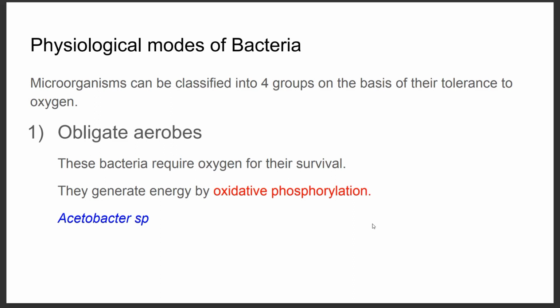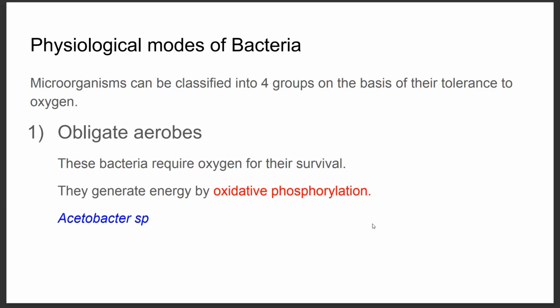Without oxygen, they cannot live. They need oxygen and they generate energy by oxidative phosphorylation. Important, oxidative phosphorylation. Example, Acetobacter. A-C, not A-Z. Acetobacter.